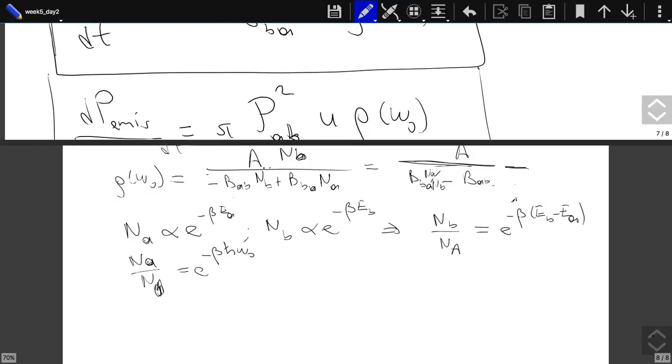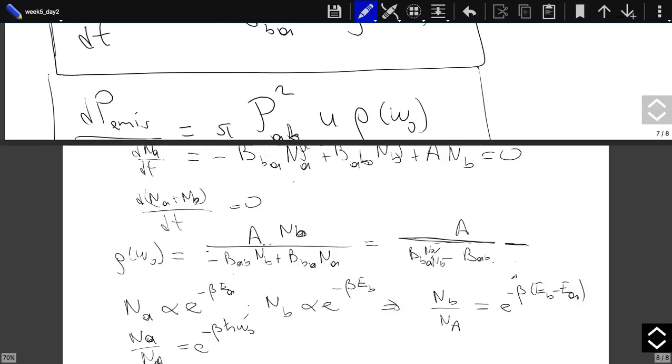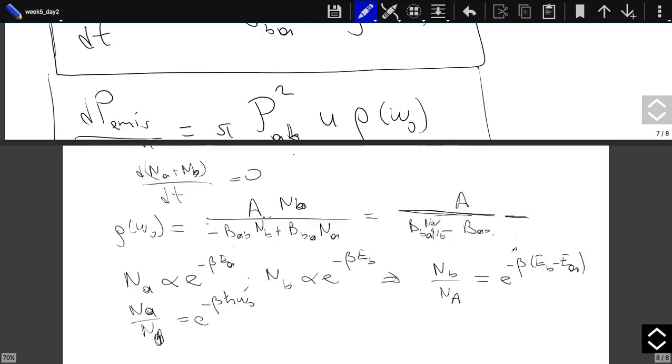Now the idea of Einstein, I really liked it. This is the distribution of radiation, the radiation spectrum. But if you have a system that is in equilibrium with electromagnetic radiation, the distribution is already known.